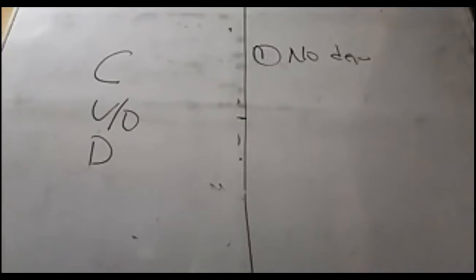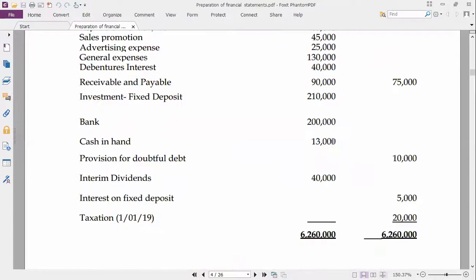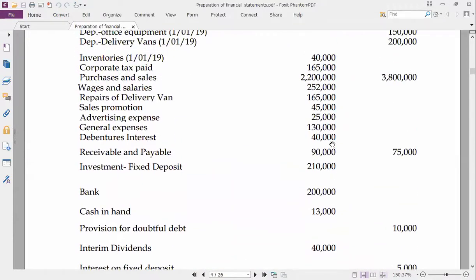So let's continue reading. The outstanding taxation balance in the trial balance represents an amount payable to Ghana Revenue Authority in respect of 2018 corporate tax. So I'll pause and go for that figure.